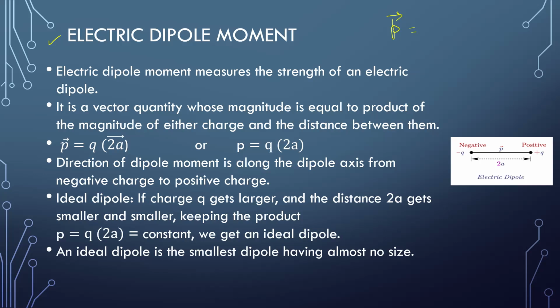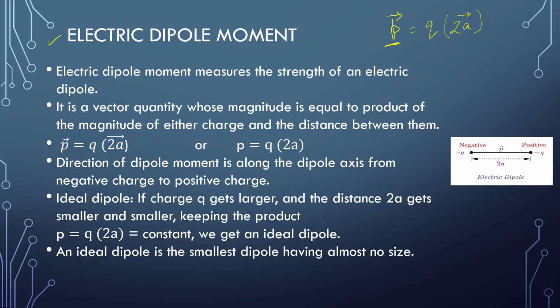Mathematically, P vector is equal to the product of the magnitude of either charge and the distance between the two charges. We write P vector as q, the magnitude of either charge, into 2a vector. This 2a we are considering to be a vector, where 2a is the length of the dipole, or the distance between the two charges.